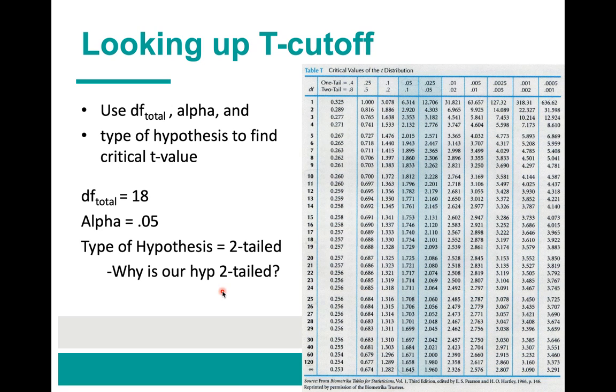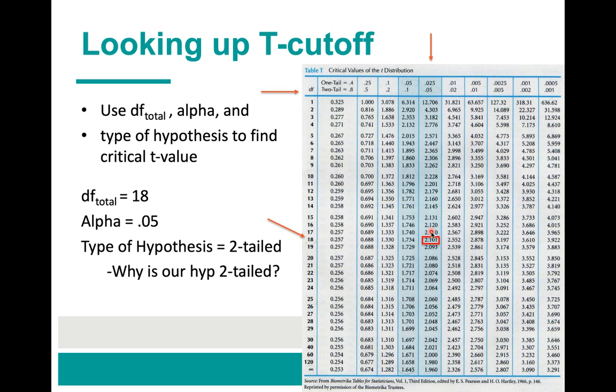So we use these three pieces of information to find our critical t-value. So first, we're working on the two-tailed row here. We're not one-tailed, we're two-tailed. We're going to come over here and we're going to find our alpha, which is 0.05. And then we're going to find our degrees of freedom, which is 18.